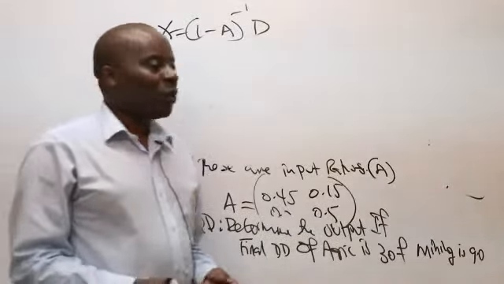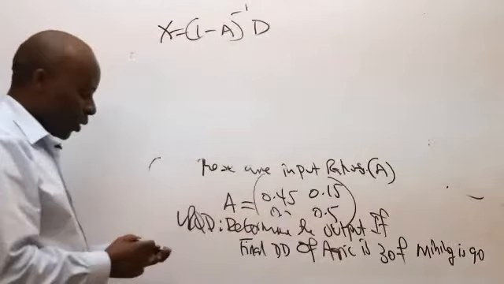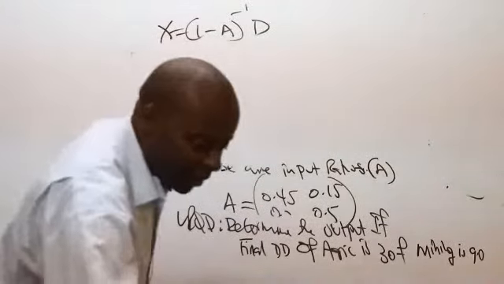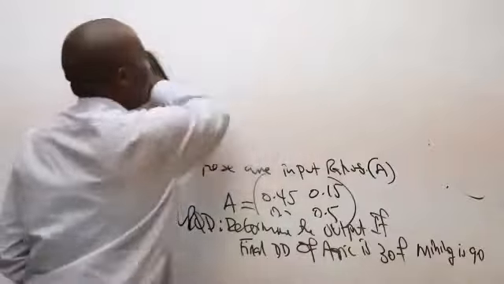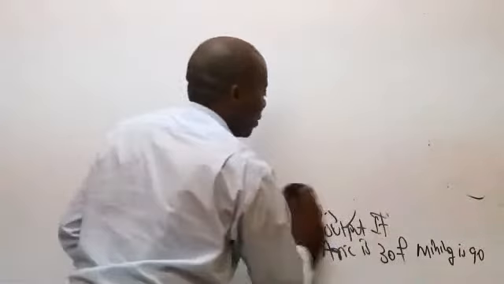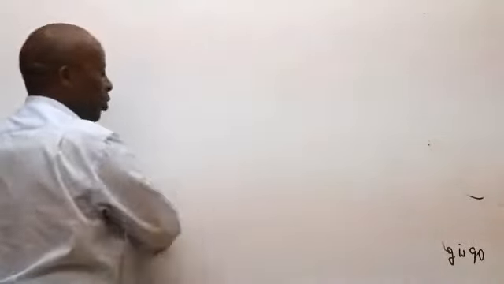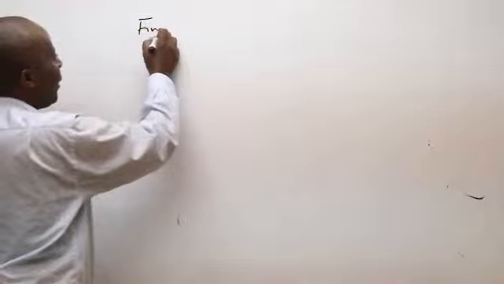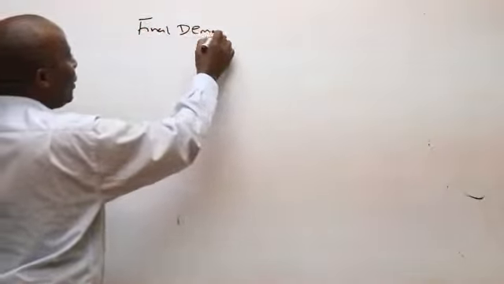Good. So the most important thing is for you to appreciate a few terminologies, just two, before we call it a topic. Like, for example, somebody may want you to define what final demand is.